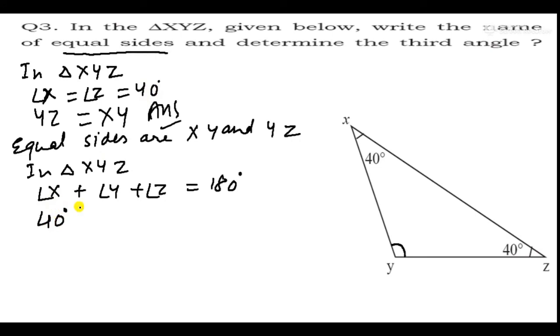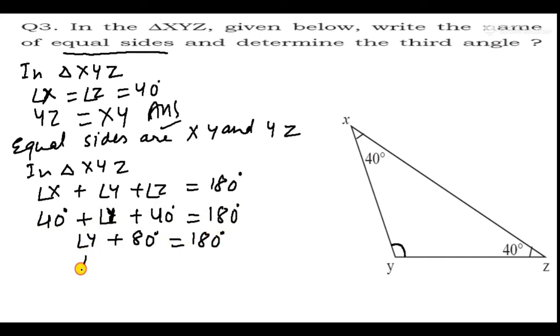So you can write 40 degrees plus angle Y, which we want to find, plus angle Z, which is 40 degrees, is equal to 180 degrees. So angle Y plus 80 degrees is equal to 180 degrees. So angle Y is equal to 180 degrees minus 80 degrees. So angle Y is equal to 100 degrees. So that is your answer.